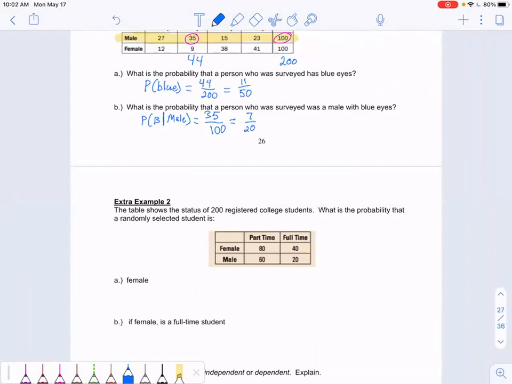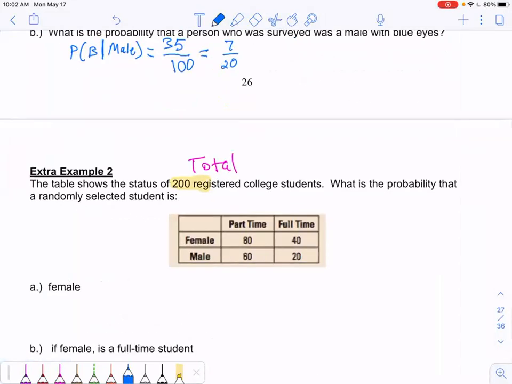The table below shows the status of 200 registered college students. Woo, they already did the work for us. The 200 is going to be our total. What is the probability that a randomly selected student is female? Bill, how many female students are there? 80. Well, total, so if we go all the way across, 40, 120. Good.